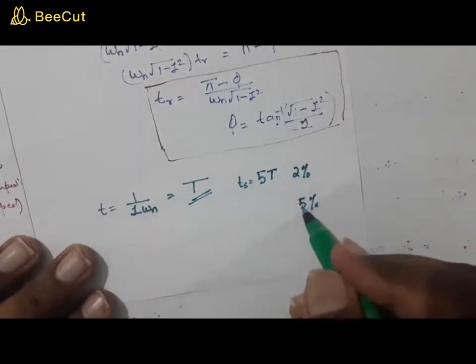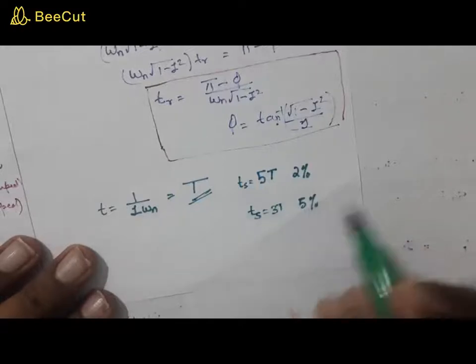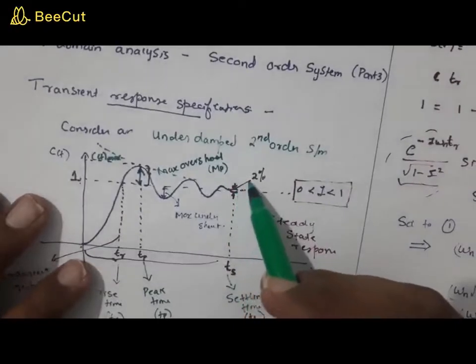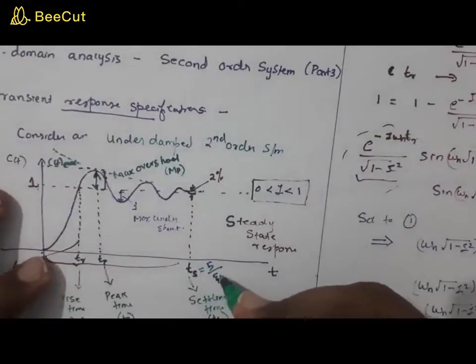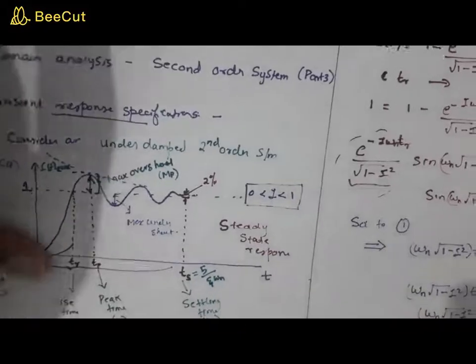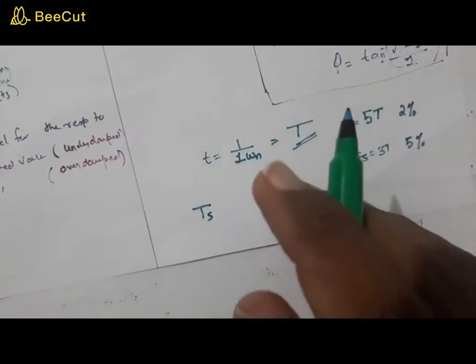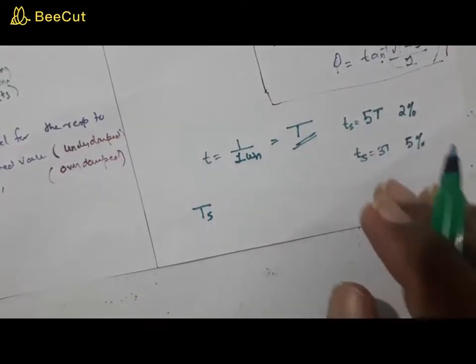If you give a 5% tolerance, then Ts will be 3 times T. In this graph, it is showing a 2% tolerance. That means this Ts is going to be 5T. What is T? T is 1 by theta omega n, so 5 by theta omega n. So how will you define your settling time?